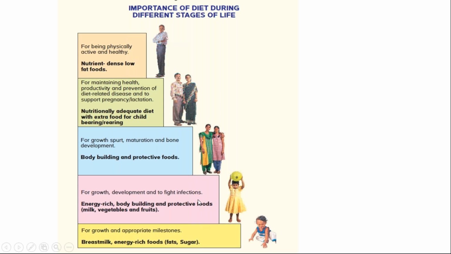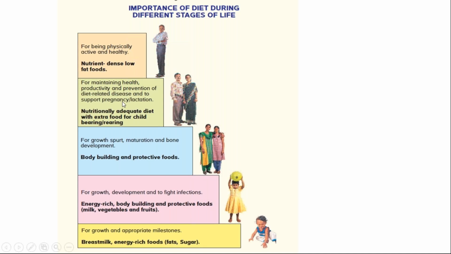As the child grows older into about a 2 to 10-year-old child, you need nutrients for growth, development, and to fight infections. So these include the energy rich, the bodybuilding, and the protective foods. In adolescence and maturation, you need more of the bodybuilding foods and the protective foods, and less of the energy rich foods.